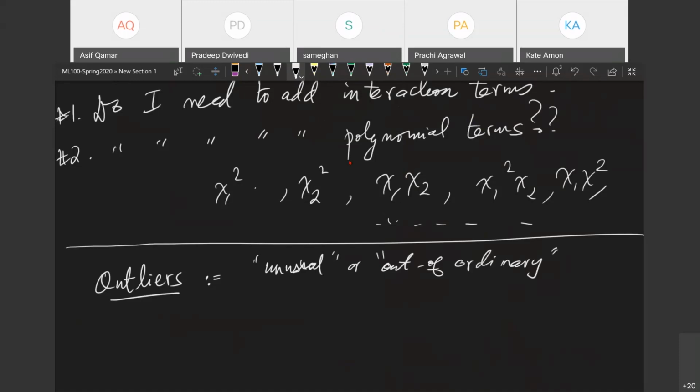Out of the ordinary comes to your mind, isn't it? So if you plot people's height, most people's heights are in one range, and then there will suddenly be this guy sitting very, very tall.